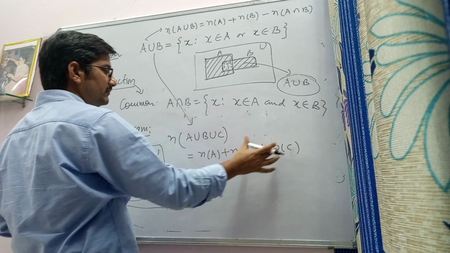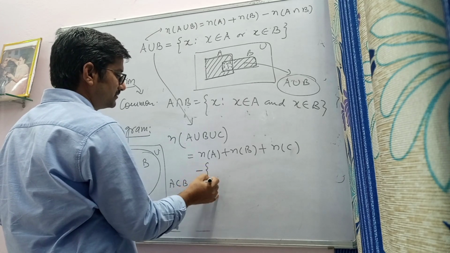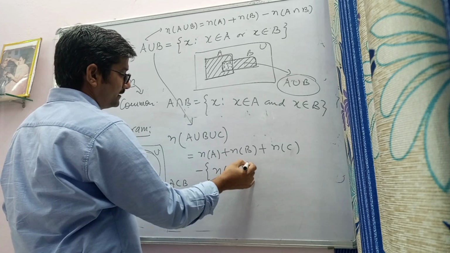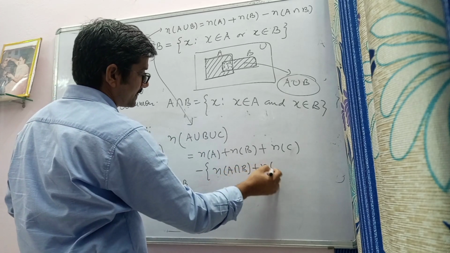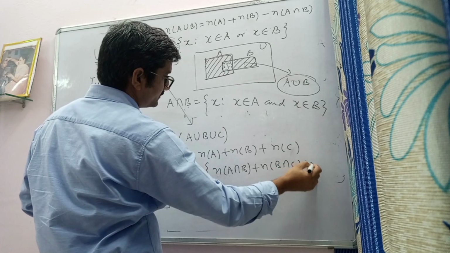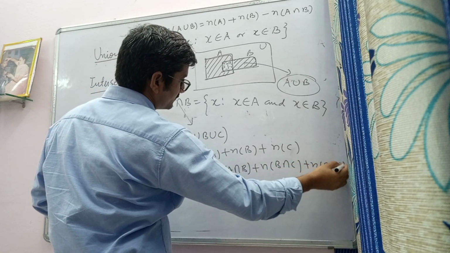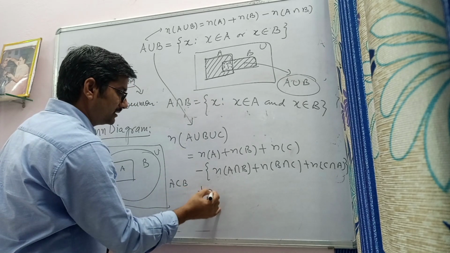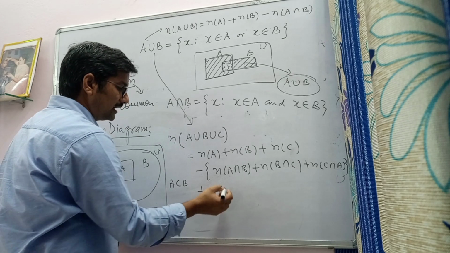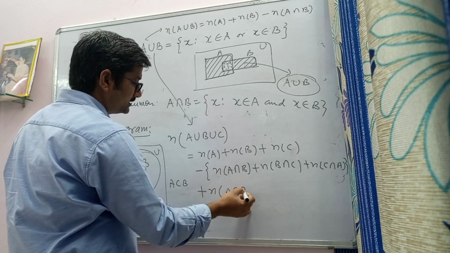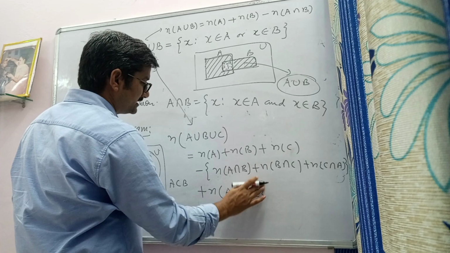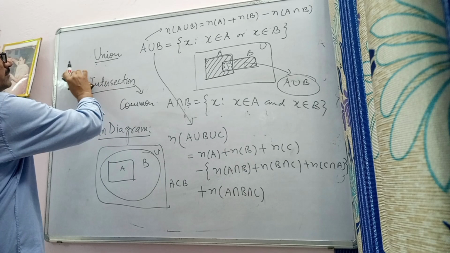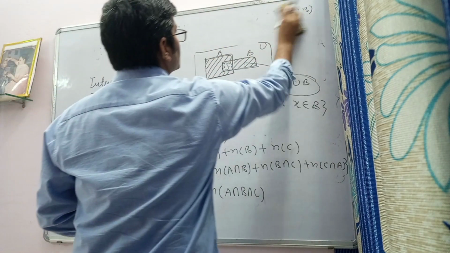Add the cardinality of all individual sets, minus the cardinality of pairwise intersections, plus the cardinality of the intersection of all three. So you can generalize this result in the same pattern.